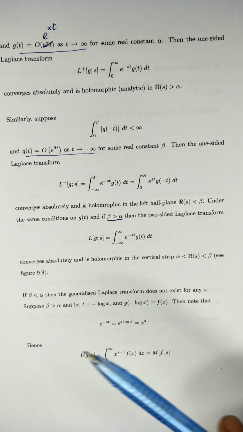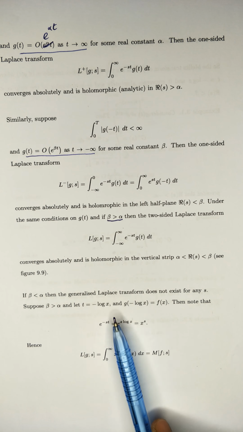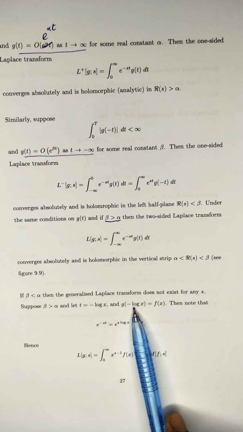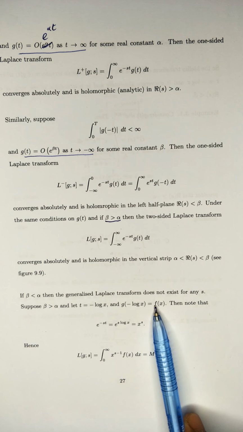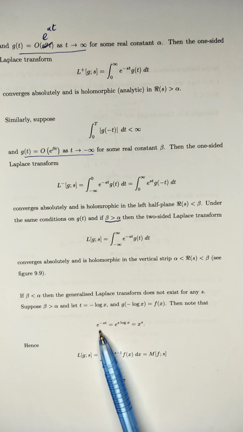So suppose beta is greater than alpha, and let t equal minus log x, which gives us g(t) as g(minus log x). We take this as f(x). Then note that you can substitute e to the minus st, with t equal to minus log x, and you get x to the s.